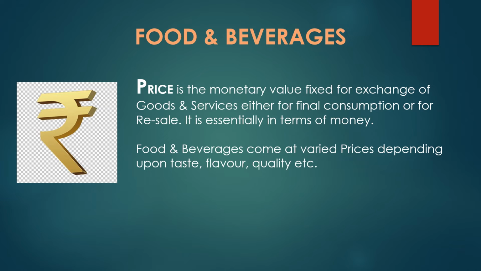When a consumer buys goods from retailer at a price, that is also called price. Okay, but essentially it must be in terms of money, not barter exchange. In case of food and beverages, prices depend upon taste, flavor, quality, etc. So different dishes have different tastes, flavor, etc. So depending upon that, prices are fixed in a restaurant.